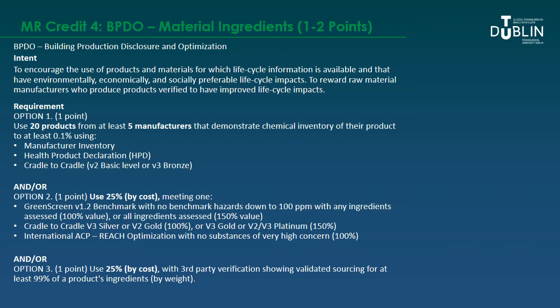There's much more detail in the manual if you want to get down to the nitty-gritty. So you either do that, or 25% by cost of another third-party verification system. So this all, I suppose, depends on the manufacturer, or using manufacturers' declarations and using the information that they provide and gathering that up as evidence.